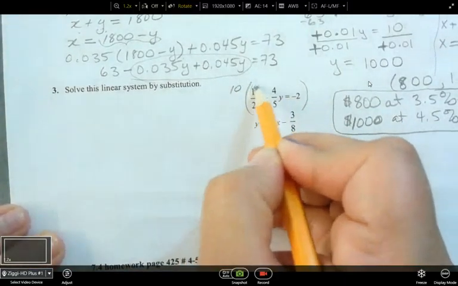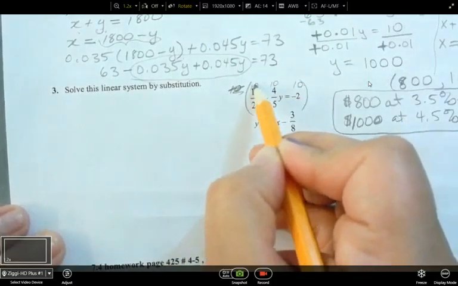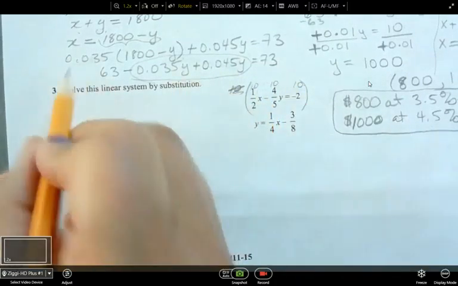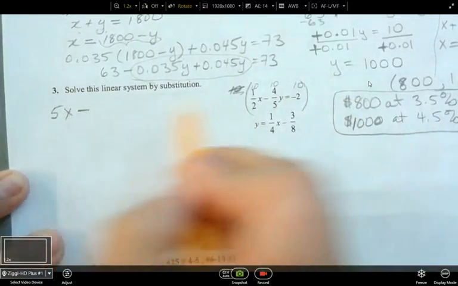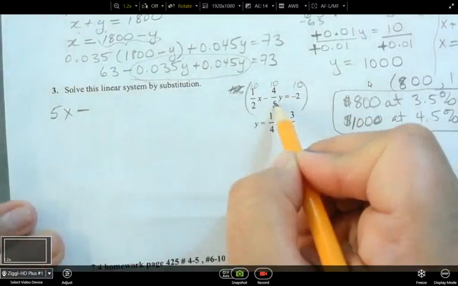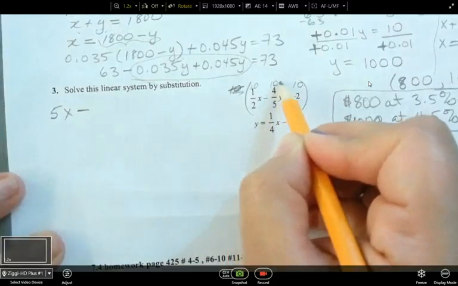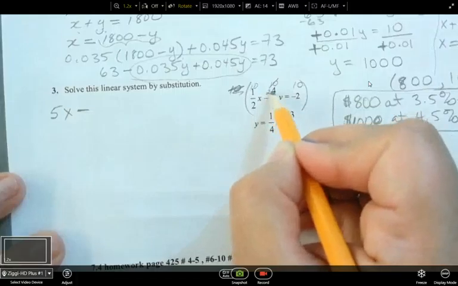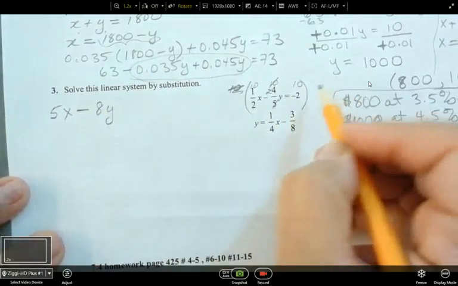If we multiply this by 10, this by 10, and this by 10, what do we end up with? 10 over 2, I can reduce that so that it's 5x. And then how about here? I've got 10 over 5. What can that reduce to? 2. So then if I have a 2 here, it's 2 times 4, which is 8y.